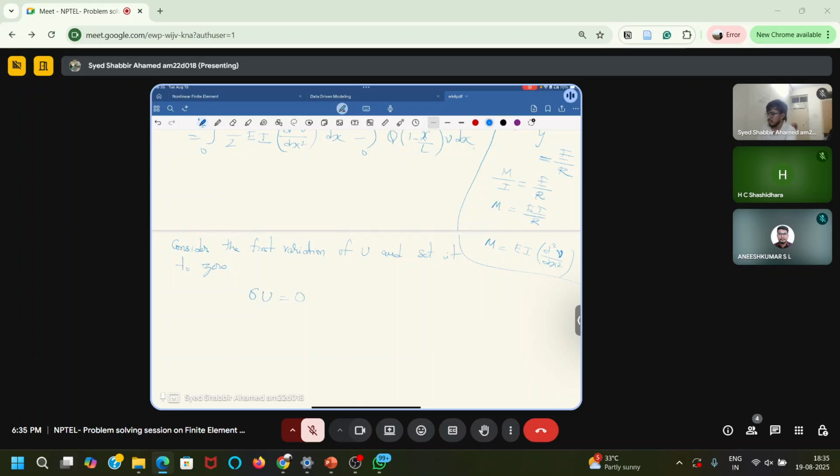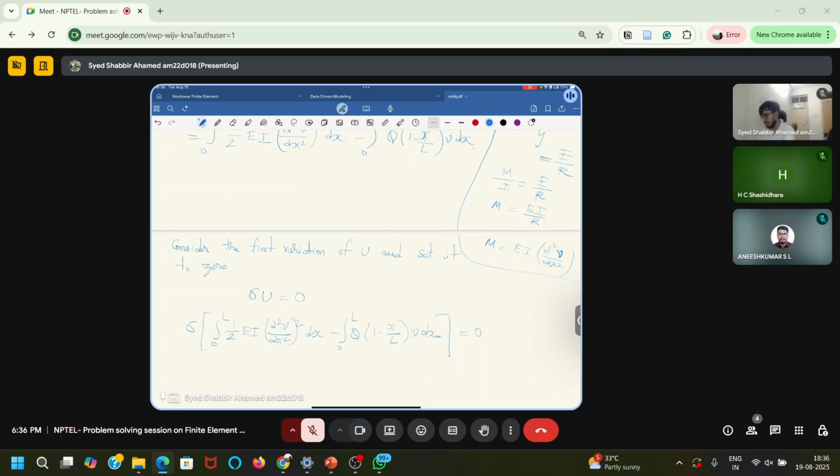So delta U is nothing but U, which will be integral 0 to L 1 by 2 EI d square V by dx square whole square dx minus integral 0 to L Q into minus 1 minus x by L V dx, equal to 0.